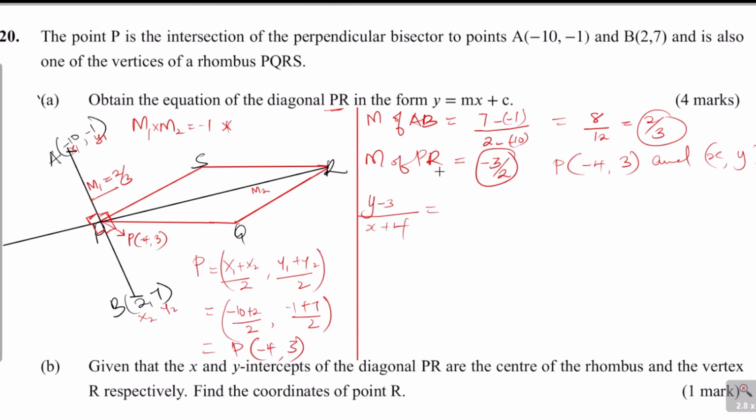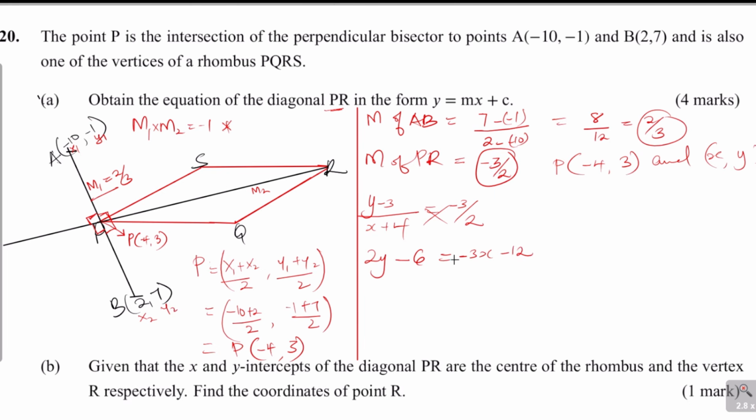That should equal the gradient, which is -3/2. So cross multiply here. 2 multiplied by y, that will be 2y, subtract 2 multiplied by 3, you get 6, is equal to -3 times x, -3x, and -3 times 4, you get -12.